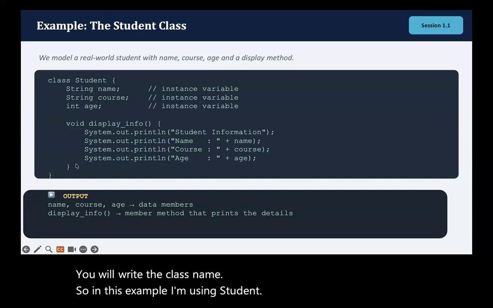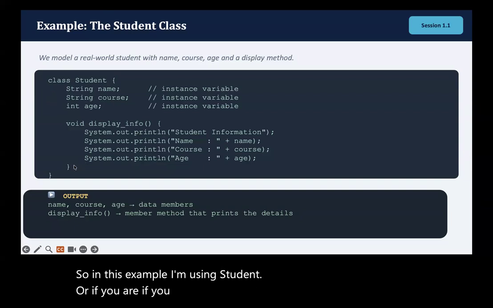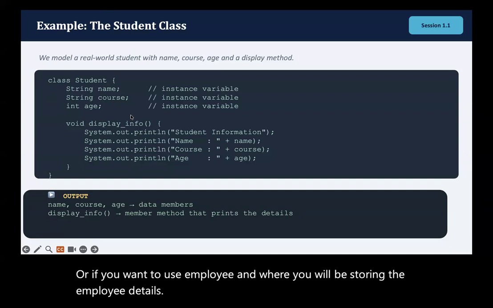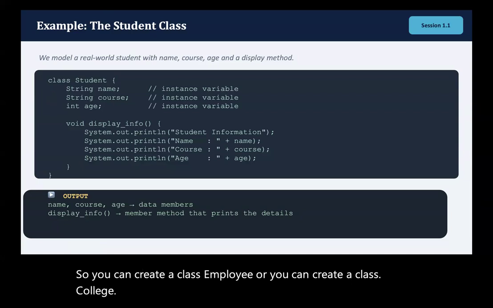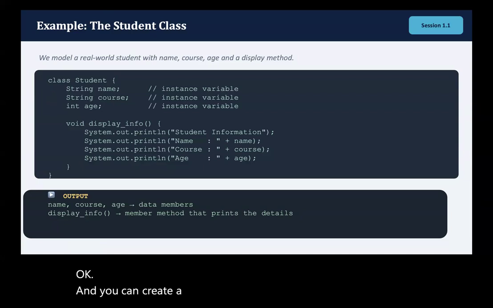If you want to store employee details, you can create a class Employee, or a class College, or a class Bank. So here it is class and then the class name, that is Student.